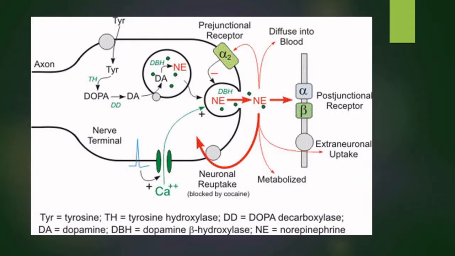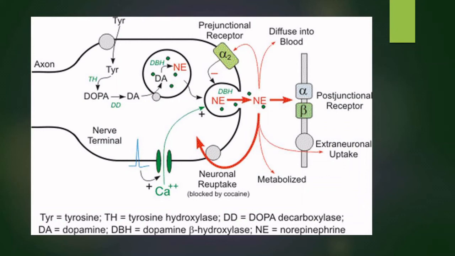So in this figure you can see that tyrosine enters into the cell, and tyrosine is converted to DOPA by tyrosine hydroxylase. DOPA is converted to dopamine by decarboxylase. Dopamine enters into the secretory granules, and inside the secretory granules, the dopamine is converted to norepinephrine, and the norepinephrine can then be exocytosed out of the cell.